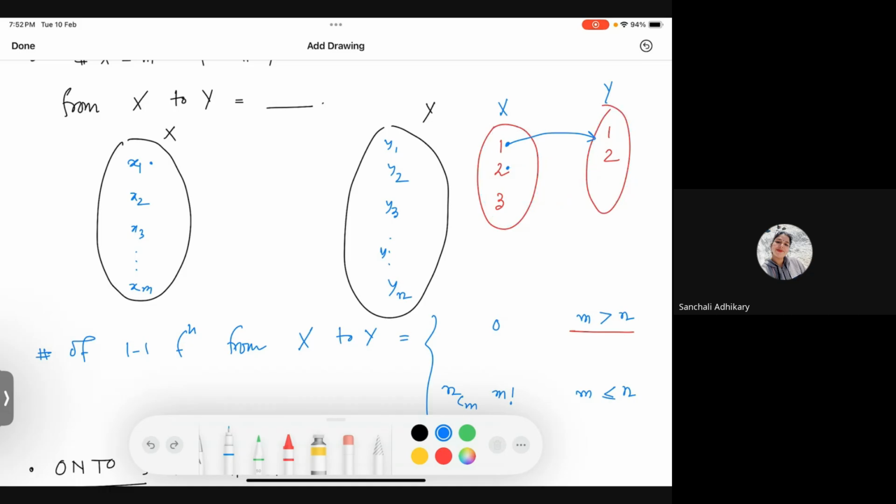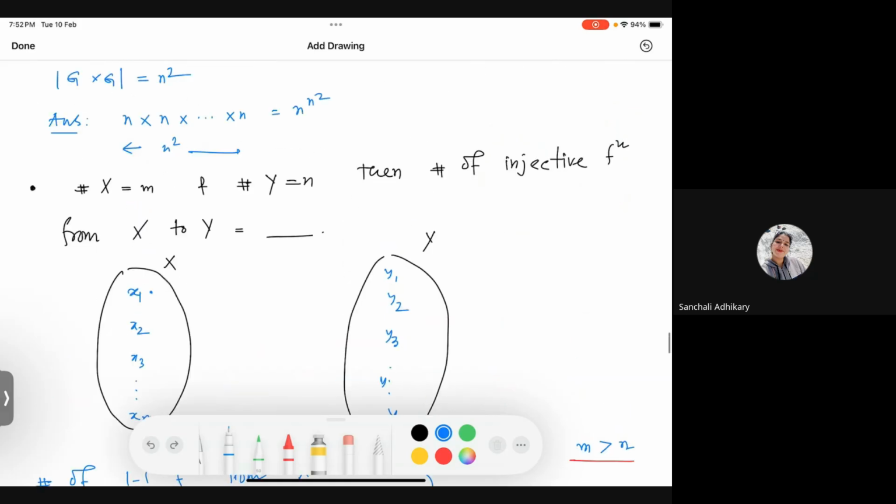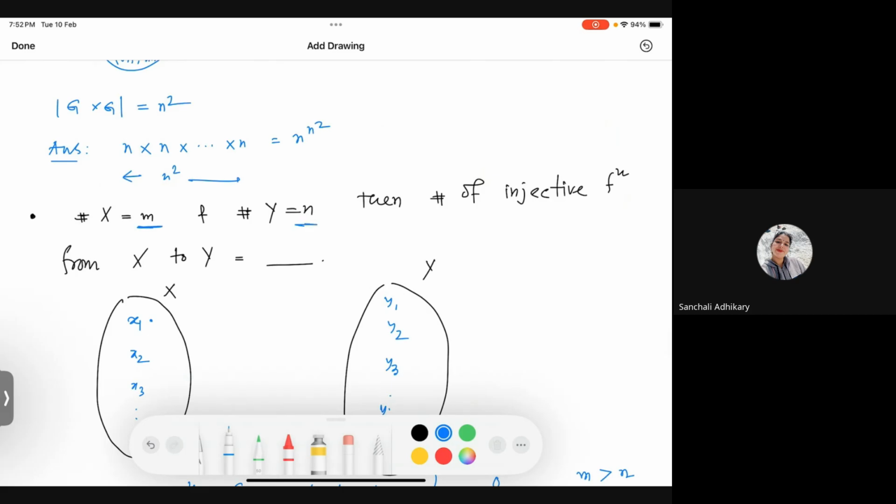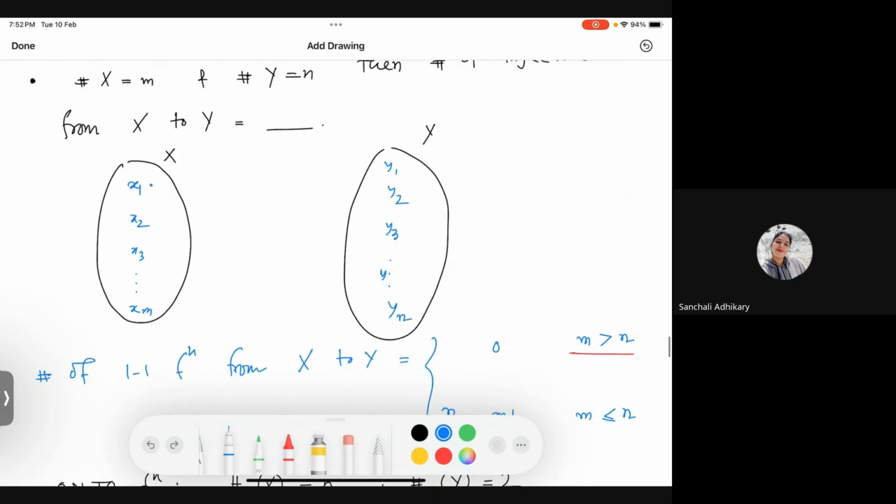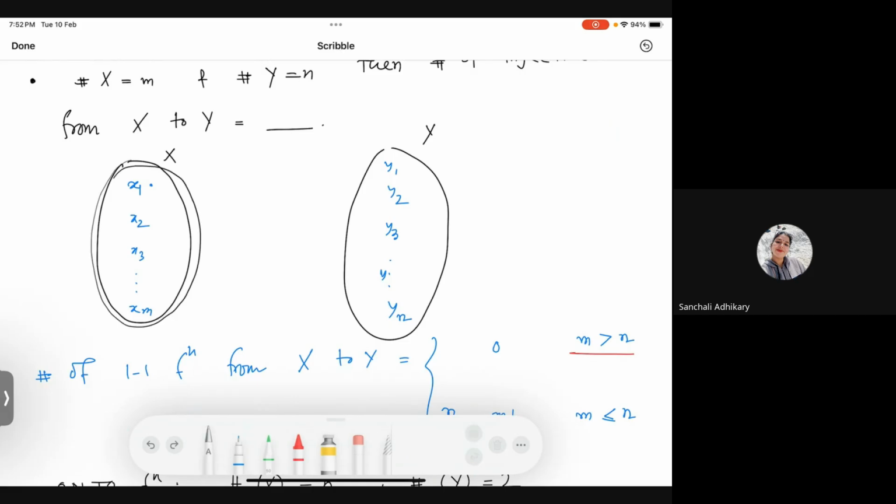This is true for the finite case, if the cardinality of the domain and the codomain are both finite. If m is greater than n, what is m? The cardinality of the domain.